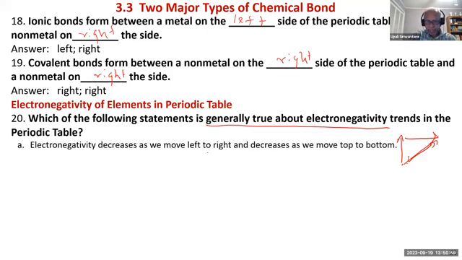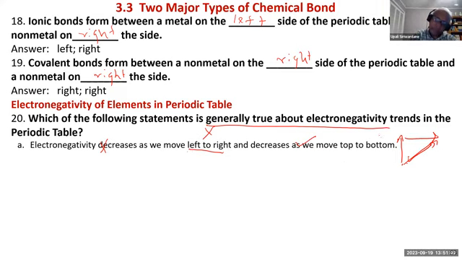Electronegativity decreases as it moves from left to right? That's wrong. It's the other way; it increases. It decreases from top to bottom. That's true. This statement is true, but the other statement is wrong.